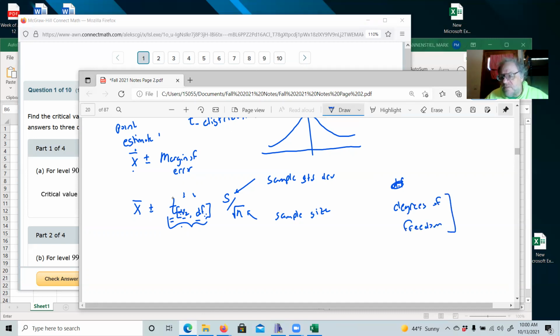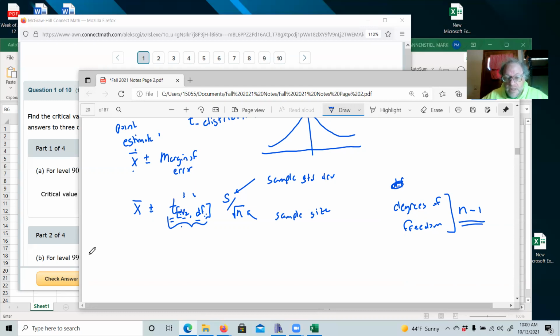Okay, for every problem you're going to do in this chapter, the degrees of freedom is always n-1. Okay, that's not always the degrees of freedom, but it is for this chapter. And the next time you're going to encounter this, which will be test of hypothesis in the next chapter rather. Okay, so that's our rule, is n-1.